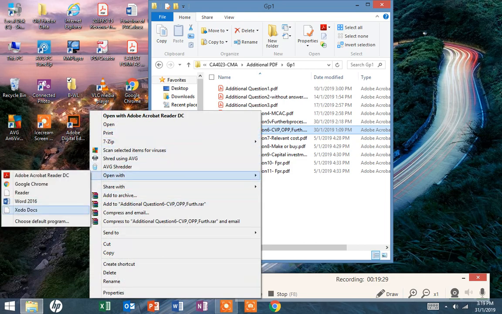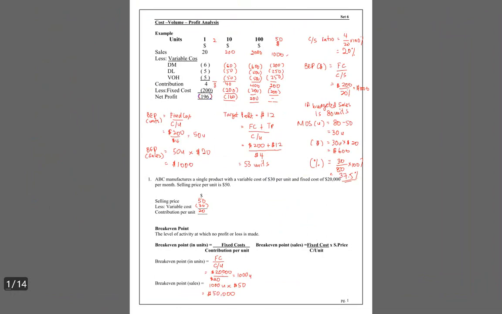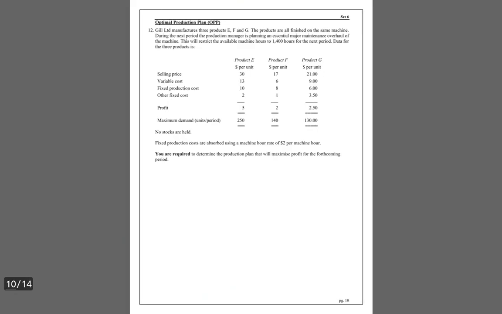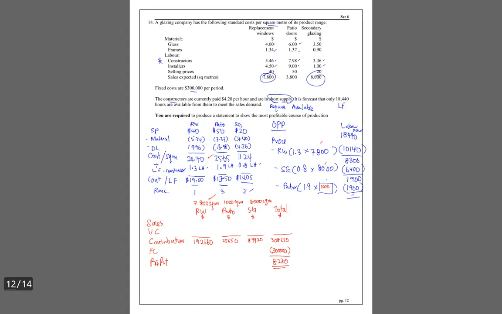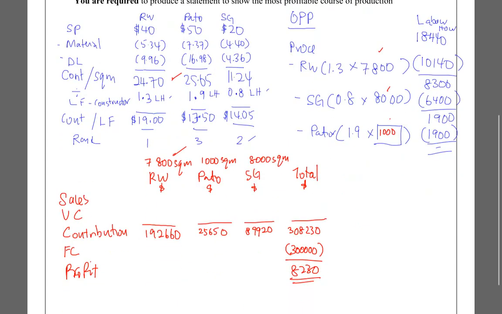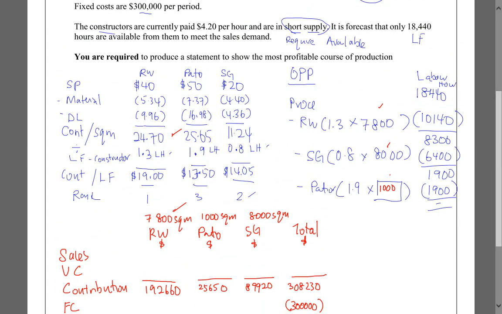Now, you look at the difference. Okay, this is from the last few classes. You notice here, both questions, just now that question and this question here, both have a limiting factor. One calculates contribution per unit, contribution per limiting factor, ranking, OPP.